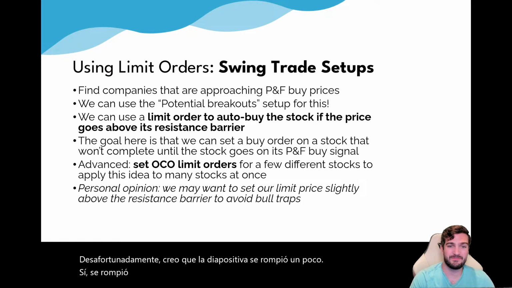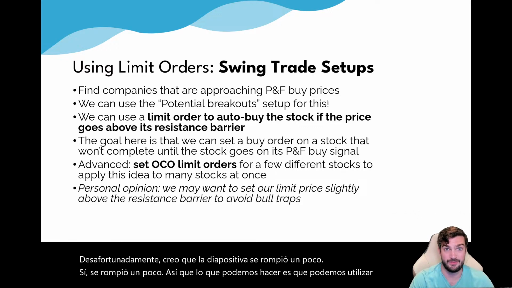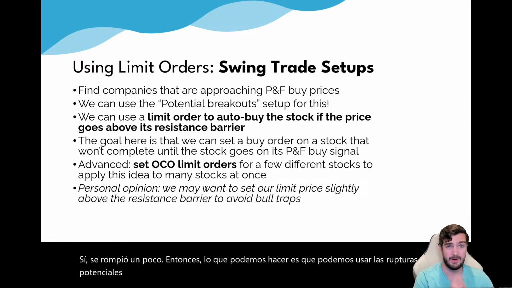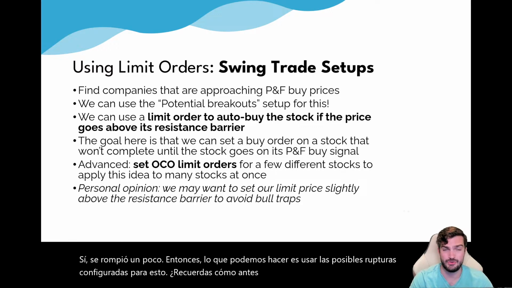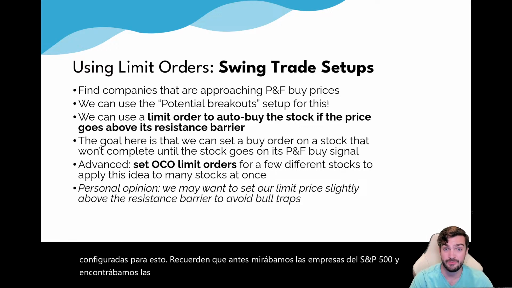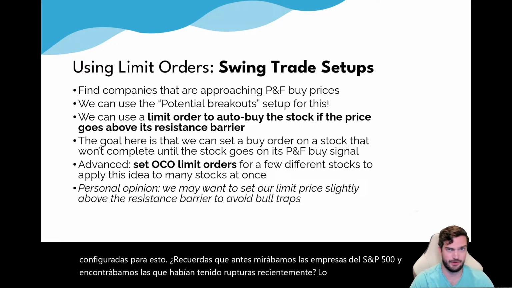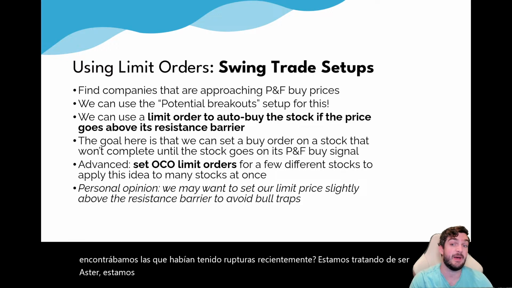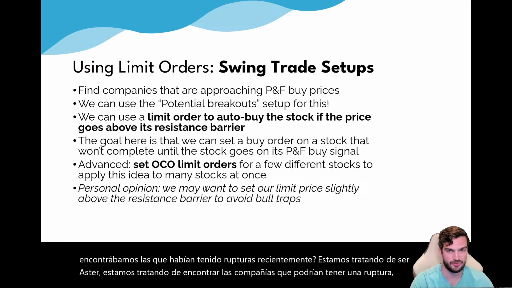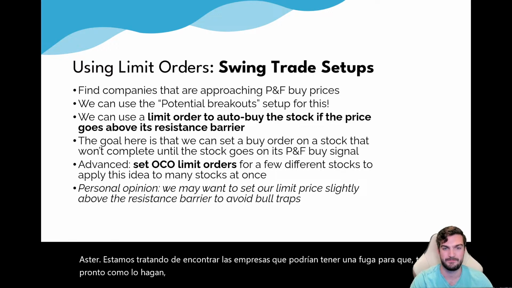So what we can do is use the potential breakouts setup for this. Remember how before we were looking at S&P 500 companies and finding ones that have recently gone on breakouts? Here, we're trying to be faster. We're trying to find the companies that might go on a breakout so that as soon as they do, we can scoop them up and be along for the ride.